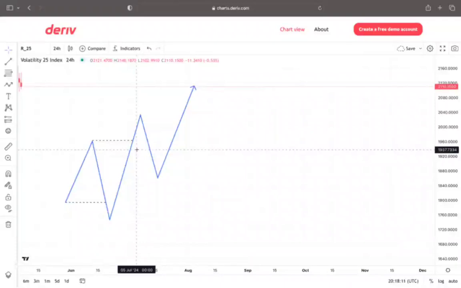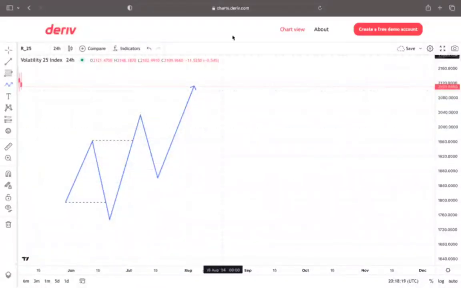Number three, price must retrace back and create an inducement, which is this one. If you don't understand inducement for now, don't worry, when we go into liquidity, all these things work hand in hand. So when we go into liquidity, you will understand inducements.